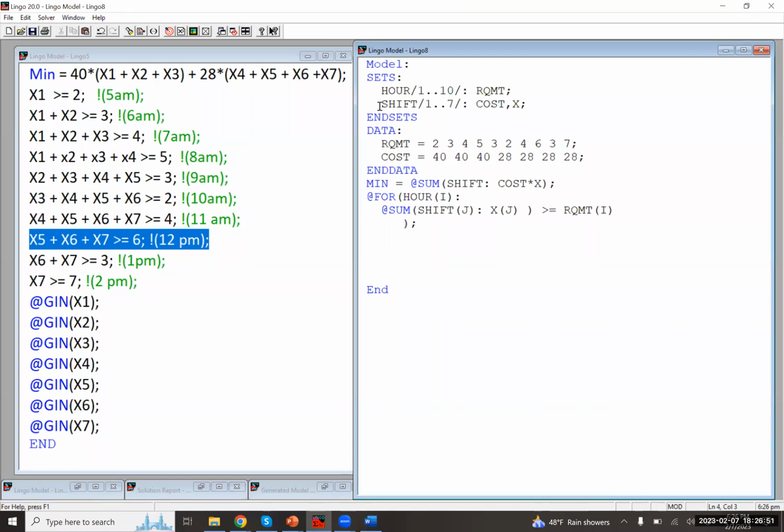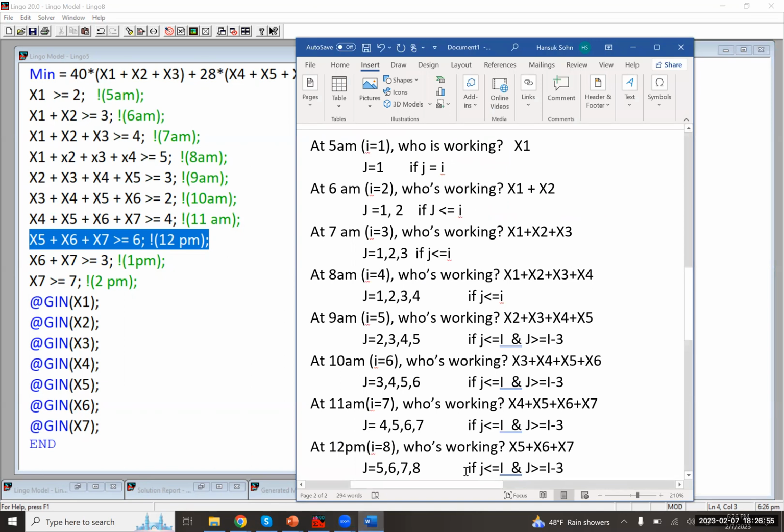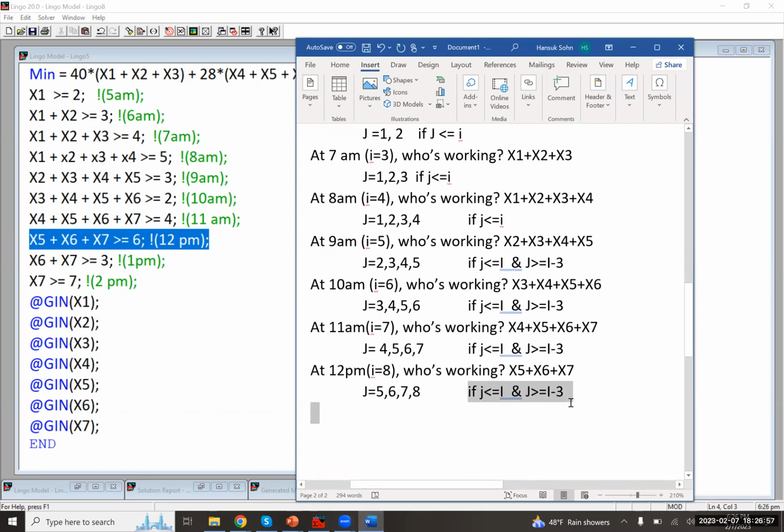So I believe these two conditions are still valid. LINGO automatically takes out the last value of 8. So let's move on to the next shift.